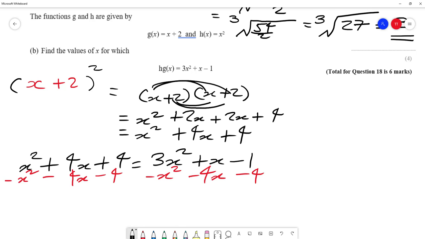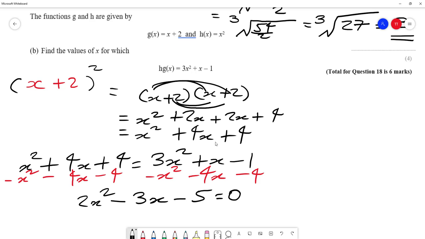I'm going to get the following. 3x squared minus x squared gives me 2x squared. Then x minus 4x is going to give me minus 3x. And minus 1 minus 4 is going to give me minus 5. And that's all equal to 0 now.